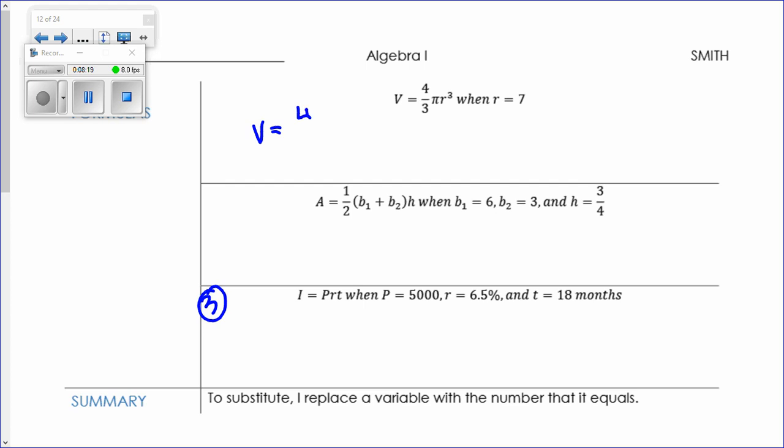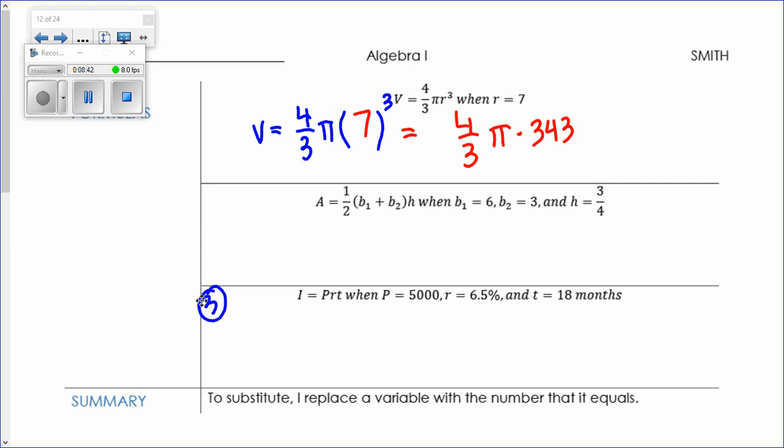So V equals 4/3 pi, and that r cubed, I'm going to put in parentheses. Inside, in place of r, I'm going to substitute 7. So this equals 4/3 pi times 343.